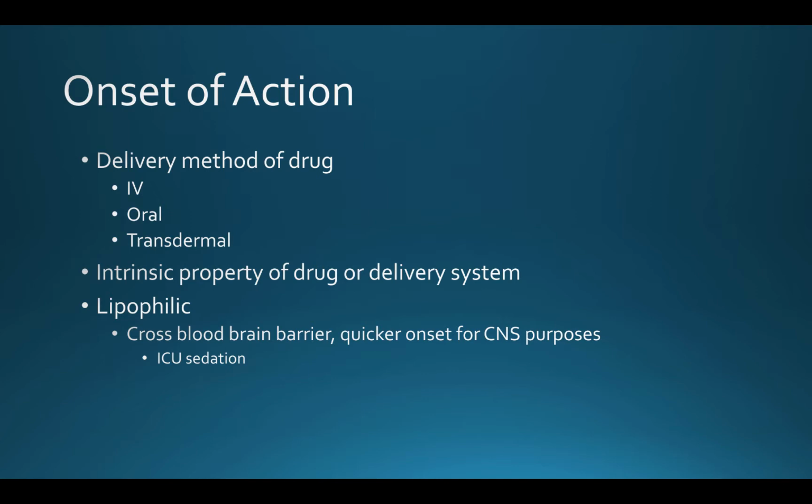We want naloxone to block opioids as quickly as possible. In the situation of an IV agent, obviously that's one of the quickest onsets of action. That goes immediately into the veins, immediately into the bloodstream, and begins to exert effects almost instantaneously.